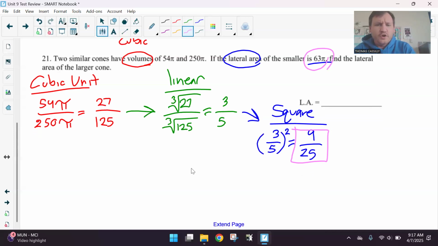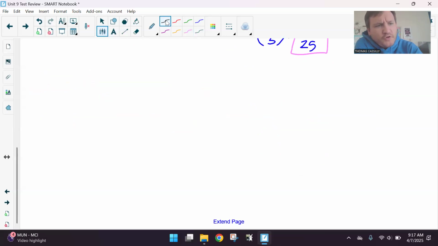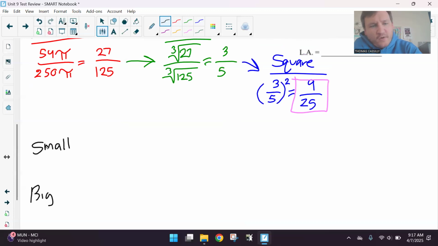So if we just kind of make a chart out of this, we have a small shape and we have our big shape. We have our area ratio and we have our actual area.